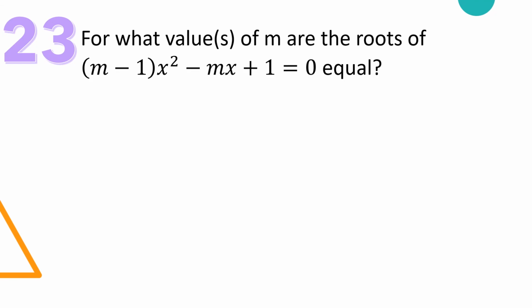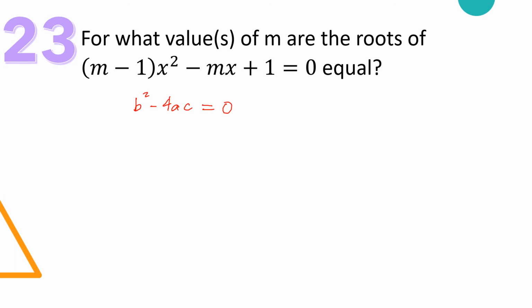Number 23. For what value or values of m are the roots of (m minus 1)x squared minus mx plus 1 equals 0 equal? From the nature of roots of a quadratic equation, the discriminant b squared minus 4ac is equal to 0 when the quadratic equation has two rational real roots that are equal.